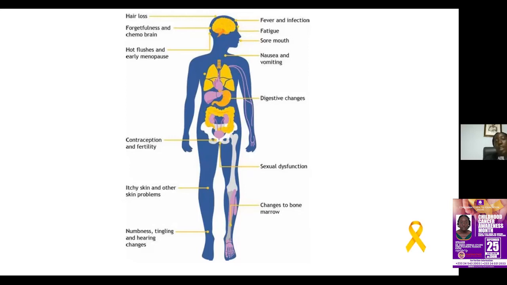So they have hair loss, they have oral mucositis, that's sores in the mouth, and therefore the child will typically present with difficulty swallowing. They could also have GI effects, vomiting, nausea, diarrhea, or they could also come up with effects in the bone marrow, like pancytopenia.